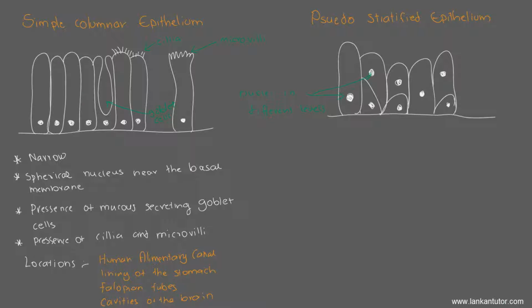There is a germinal layer, and it looks a bit like an actual stratified epithelium, but the cells aren't equally aligned, and it looks like there are two different layers of cells, but it's just one. And all the nuclei are not at the same level. Some of them are at the same level and some of them aren't. It's completely random. So that is the pseudo-stratified epithelium.